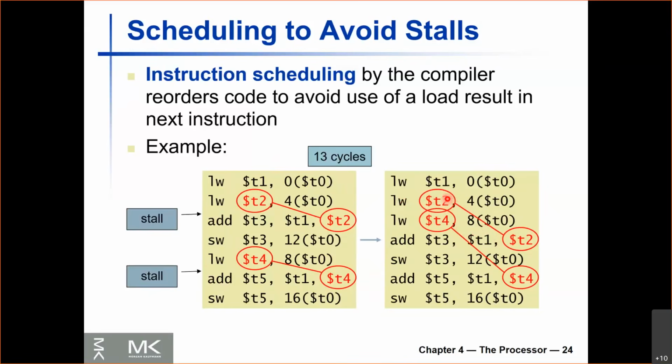So in this case, I don't have any stalls, and I will take 11 cycles. I have 7 instructions, so that's 7 cycles, plus 4 more cycles for the remaining stages of the last instruction. So instruction scheduling is a powerful optimization for avoiding stalls whenever we have a load use data hazard. All right, any questions about this?